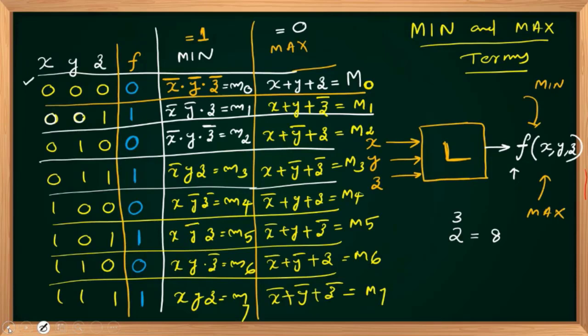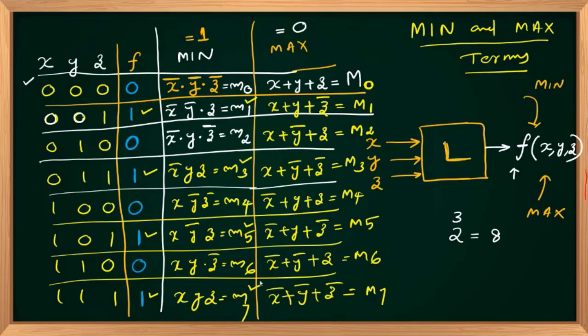So look at this truth table. F is 1 here, f is 1 here, here, and here, right? So if combinations are 001 or 011 or 101 or 111, then function f will be equal to 1, right? So I should take minterm 1, minterm 3, sorry, minterm 5 and minterm 7.